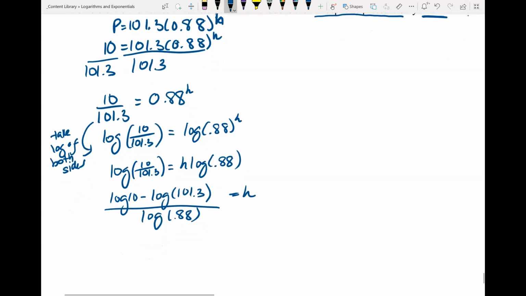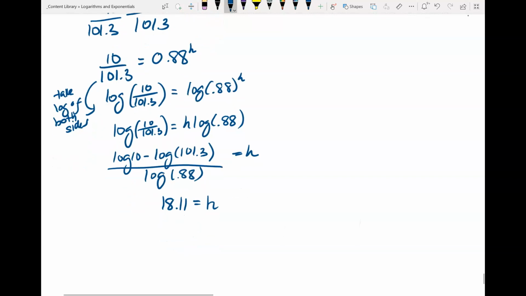Your very last step is to put this into your calculator, and you should get 18.11. And this is in kilometers. I'm going to answer this question as a sentence because it was a word problem to begin with.